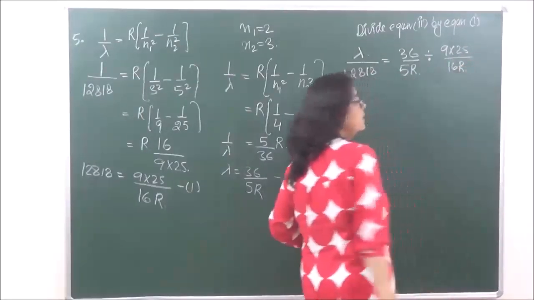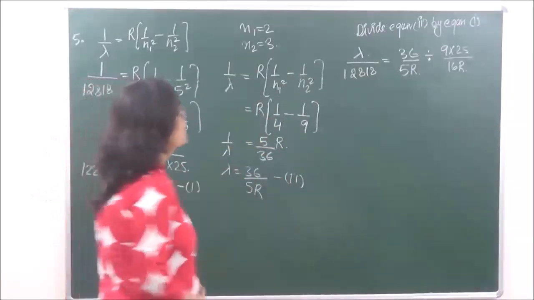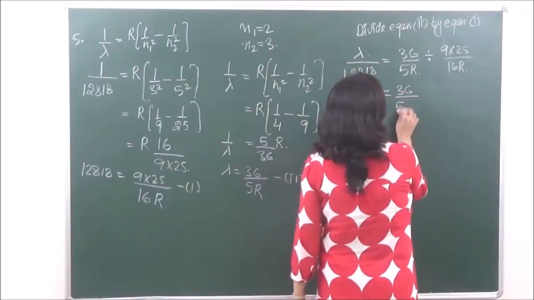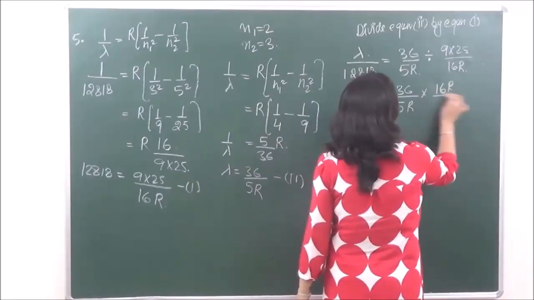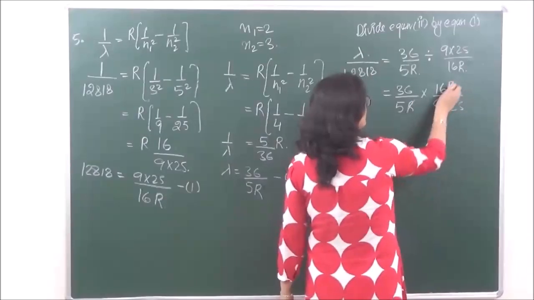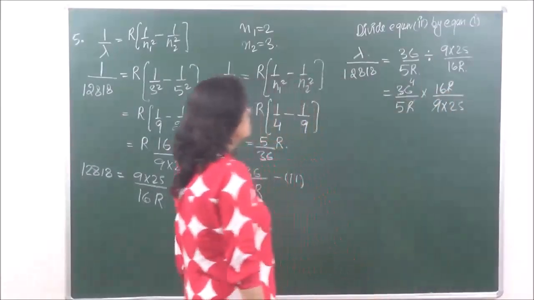Let's calculate over here. We will get 36 upon 5R into 16R upon 9 into 25. This and this get cancelled. 9 fours are 36.